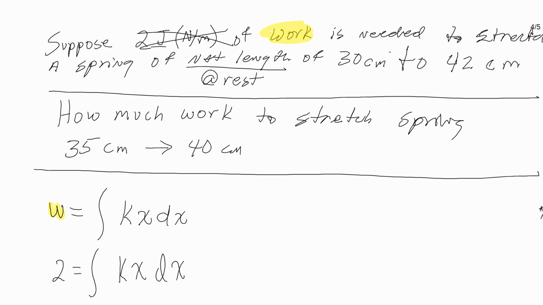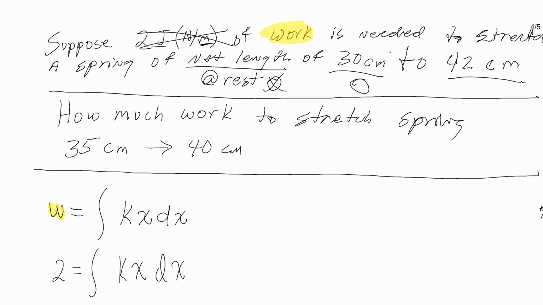Okay. Natural length is what? 30. It's from 30 centimeters to what? 42. Well, this is what? Technically, that's 0. But this is 12 centimeters. Well, 12 centimeters don't mean squat because of that.